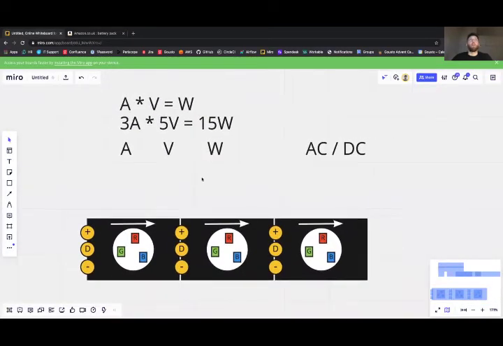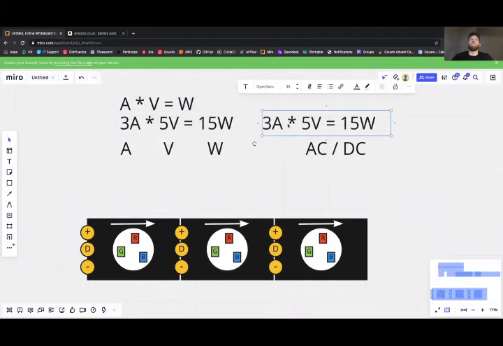What is an amp hour? It means it's capable of providing 1 amp for an entire hour to an appliance. What's a milliamp hour? Well, that means it's capable of supplying 1,000th of an amp, 1 milliamp, for 1 hour.